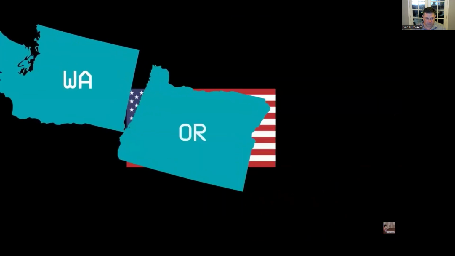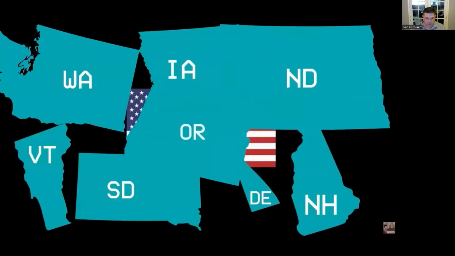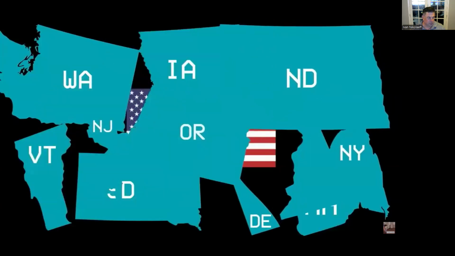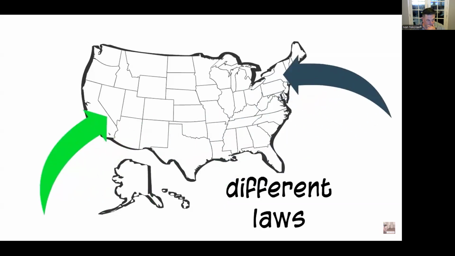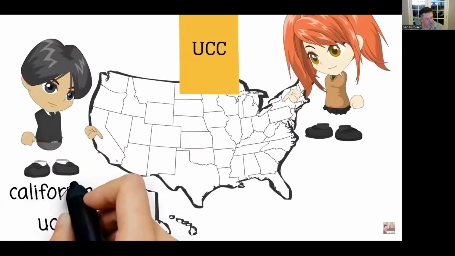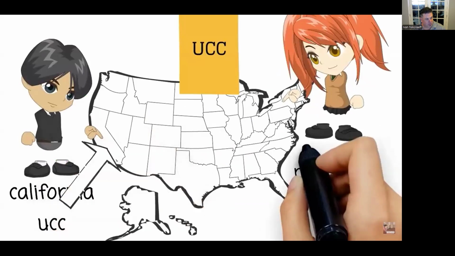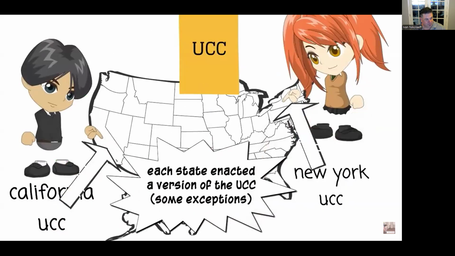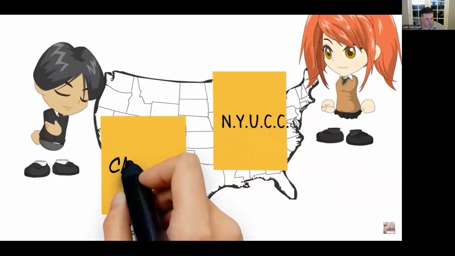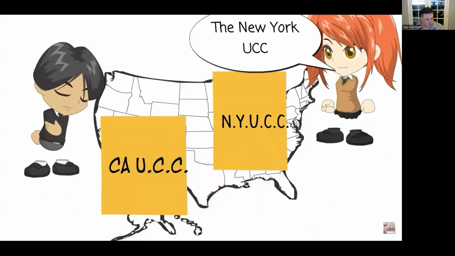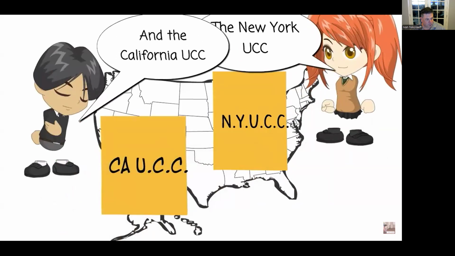But the UCC was enormously successful. Pretty much every state has adopted the UCC. Remember, different states can have different laws, but because each state has practically the same version of the UCC, we can expect contract law for the sale of goods to be the same from state to state. That's why you'll see something called the New York Uniform Commercial Code, and you'll see something called the California Uniform Commercial Code.